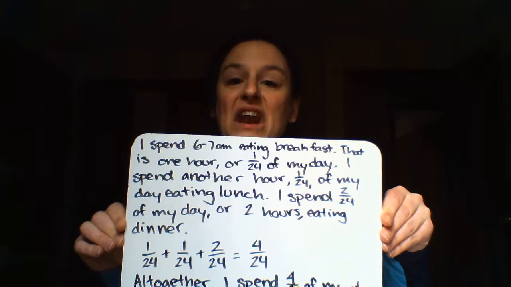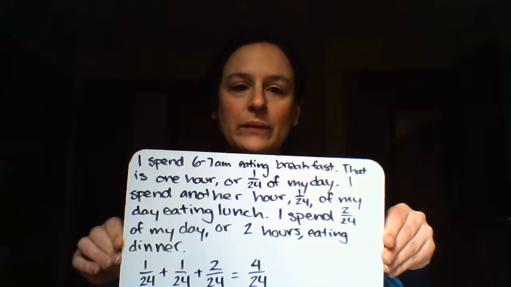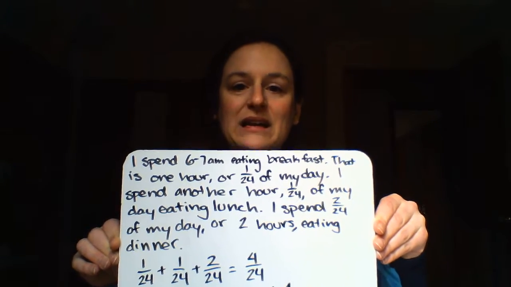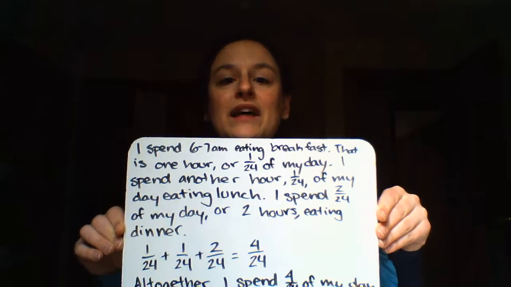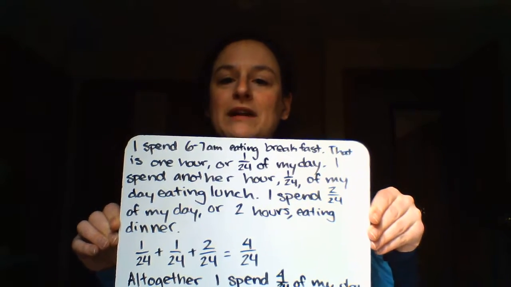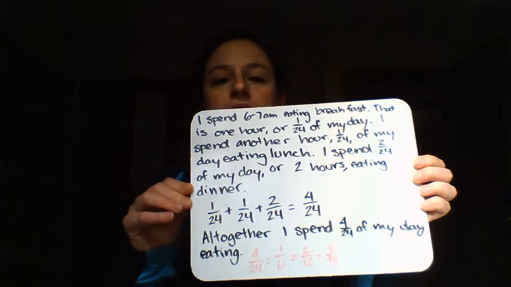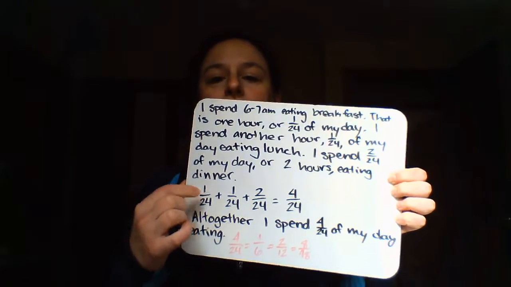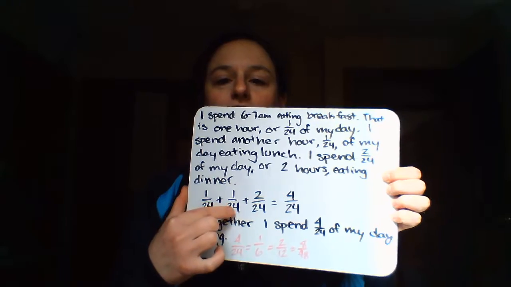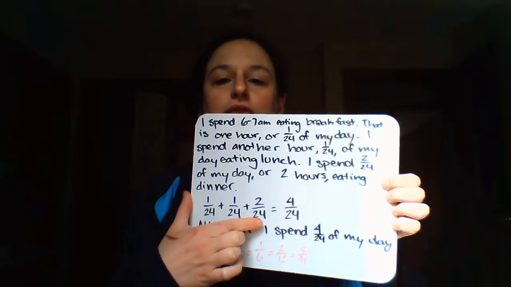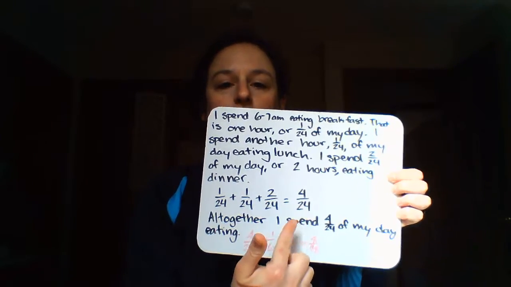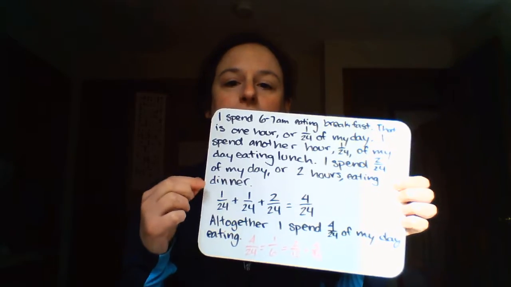I spend another hour, 1/24th of my day, eating lunch. Then I spend 2/24ths of my day, or 2 hours, eating dinner. Then I added those together. 1/24th plus 1/24th plus 2/24ths equals 4/24ths.